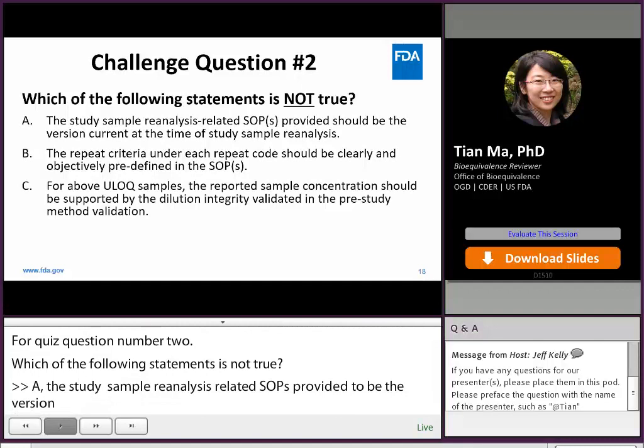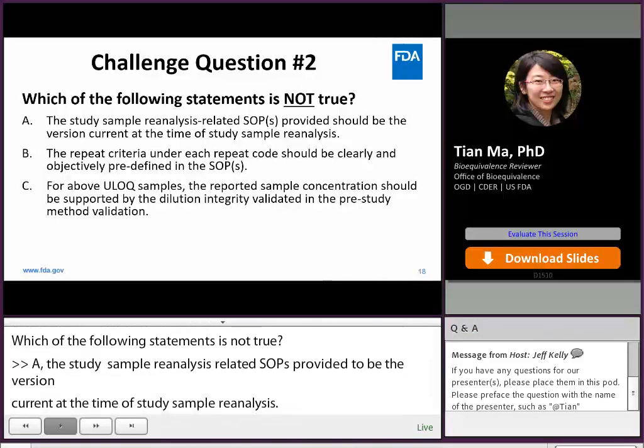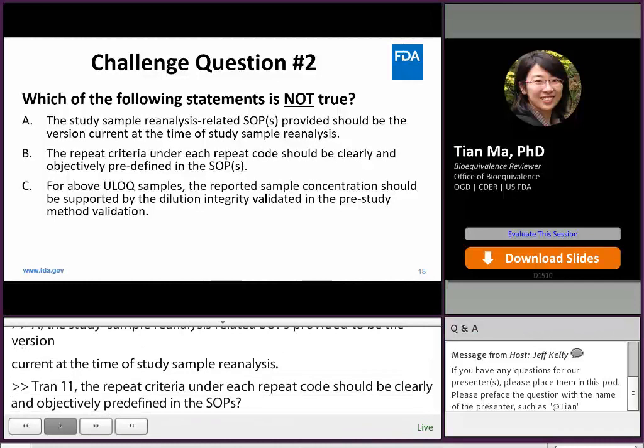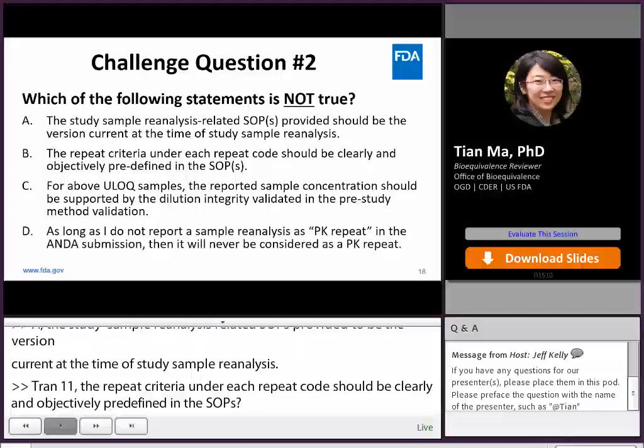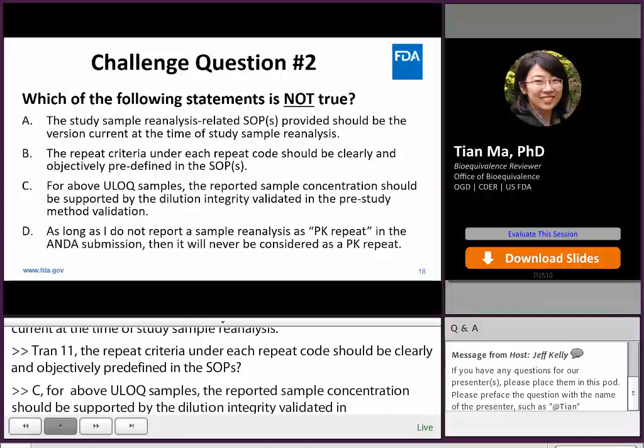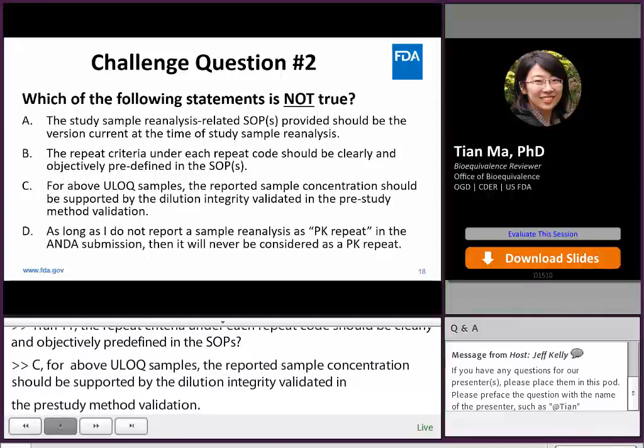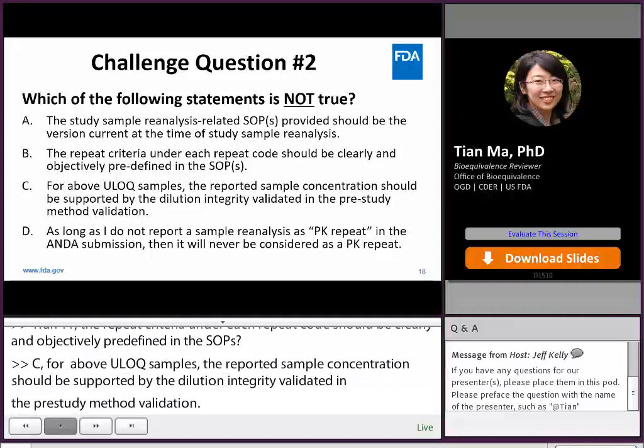C, for above ULOQ samples, the reported sample concentration should be supported by the dilution integrity validated in the pre-study method validation. And D, as long as I do not report a sample reanalysis as PK repeat in the end of submission, then it will never be considered as a PK repeat. So what is the answer?